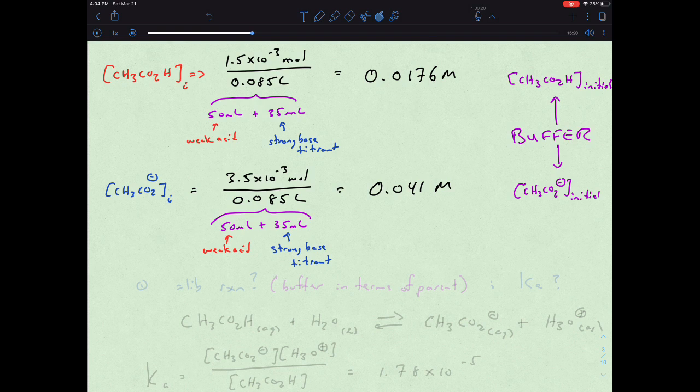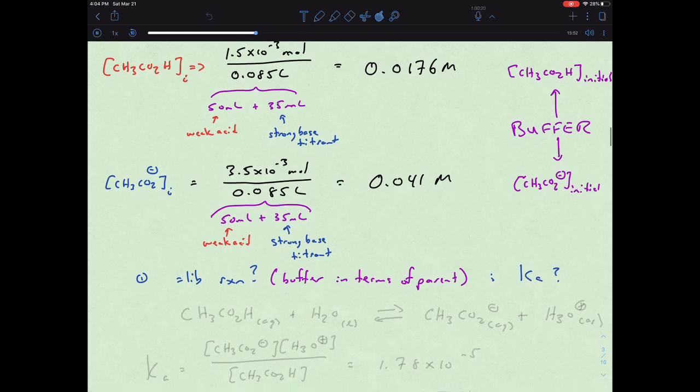So in terms of our methodology, that means now we're looking at the equilibrium reaction. Remember, for buffers, that's in terms of the parent. And then we need to know our Ka, and what is that equal to?